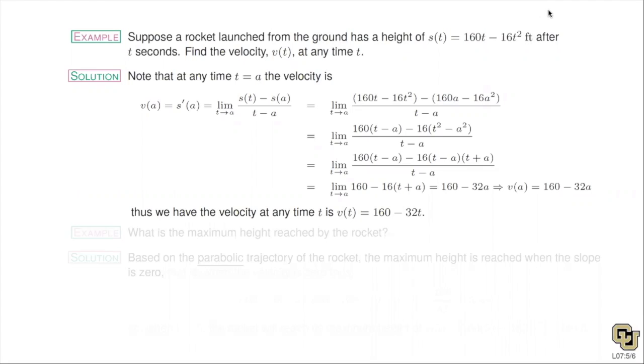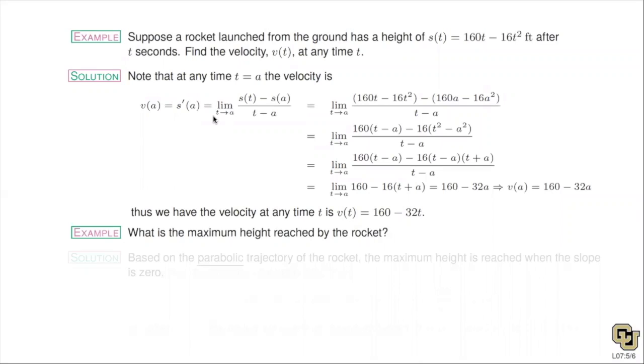This is more just practicing how we do the limit. In theory, we will learn shortcut rules, and you'll be able to do the derivative just by looking at the function. You'll say, oh yeah, the derivative is 160 minus 32t. So this is really still about practicing the limits and thinking about the concept here.